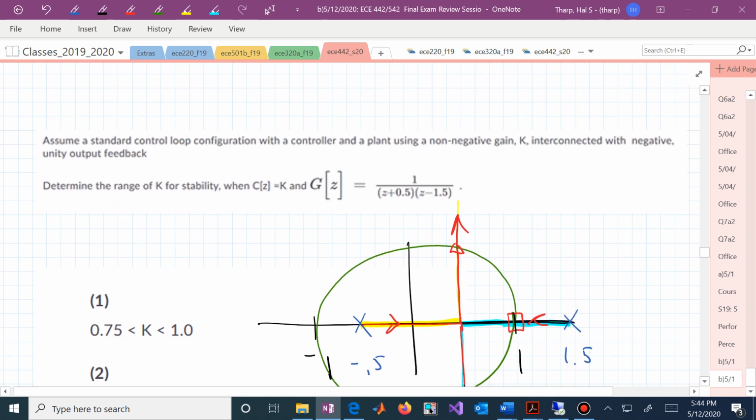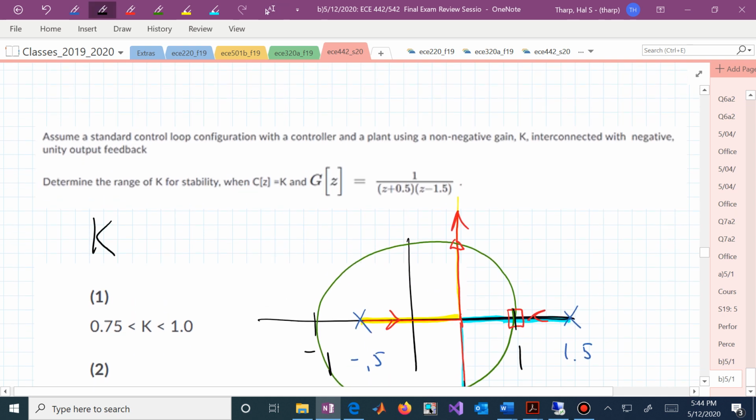And K is, in this case, Kg is equal to 1. We solve that for K, and there's no constant other than unity there, so we don't need to divide by anything. This is now Z plus 1/2 and Z minus 1.5.